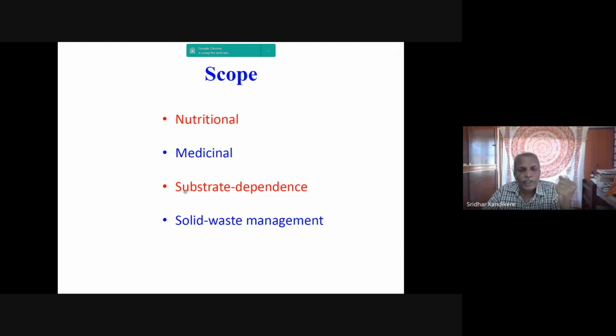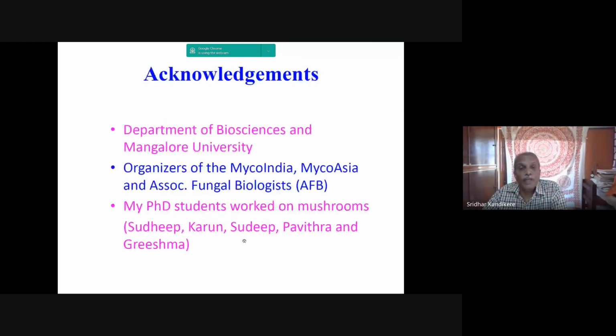There are so many substrate choices. In fact, the tribals identify edible mushrooms based on the substrate on which they have grown. They especially know this type of wood is going to produce edible mushrooms. That is one of the views we got. And they are important in solid waste management.